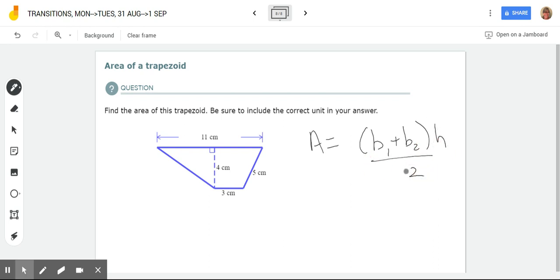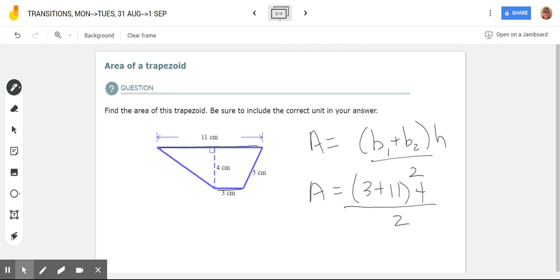Then all you have to do is identify all the pieces. The two bases don't matter, they're parallel. It doesn't matter which one you put in for which. Let's put 3 plus 11 times the height, which is this one, divided by 2. Now they gave you that extra measurement, probably just to see if you know what you're doing. So don't worry about that.